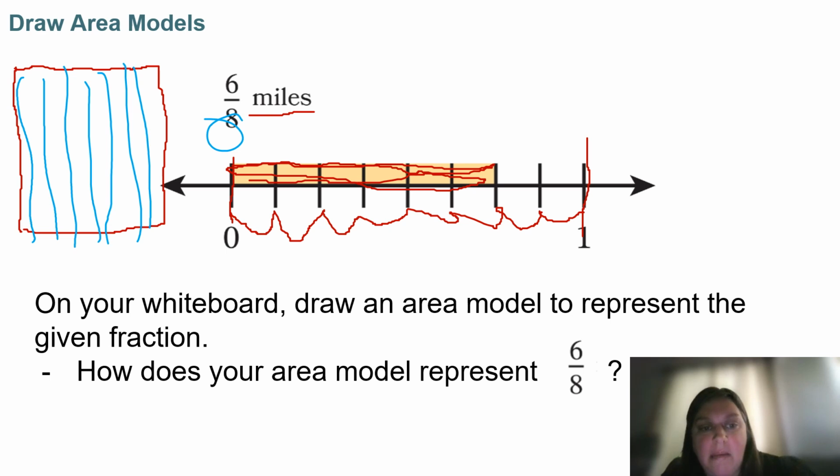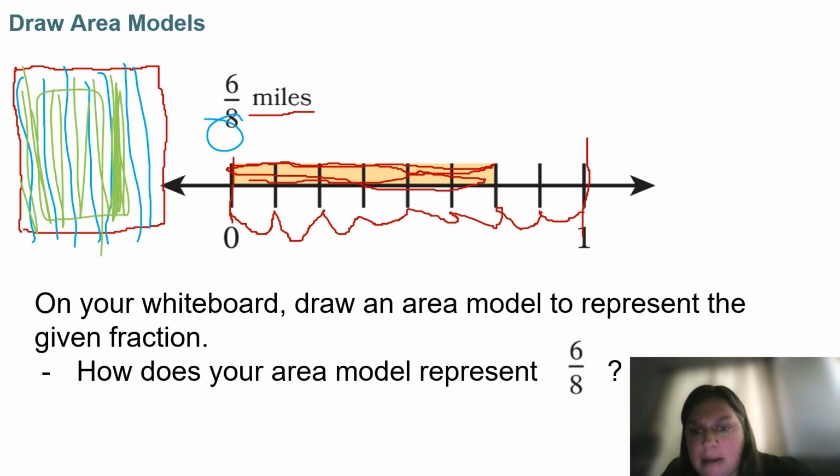Okay, I now have 8 pieces, and I'm going to pretend and use my imagination that they're all exactly the same size because fractions have to be equal parts. And now we know we're going to color in 6 pieces because the numerator tells us that. So color in 1, 2, 3, 4, 5, 6 eighths are now shaded.